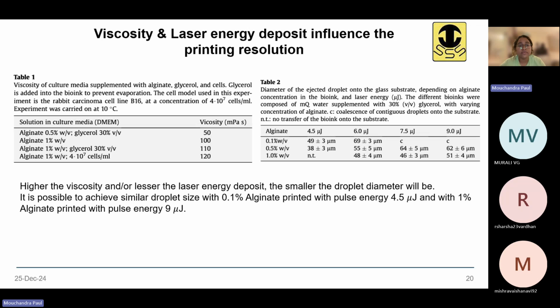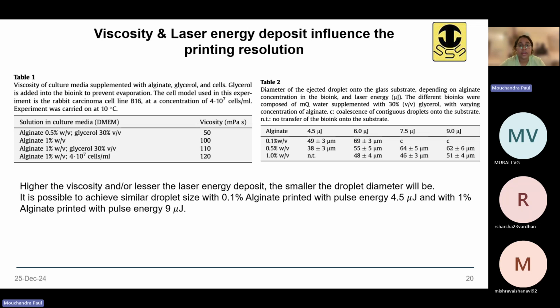And when you have a mixture containing DMEM, 1% alginate, and 40 million cells, the addition of cells itself also increases the viscosity. So viscosity here is modulated by changing the alginate concentration, by adding glycerol, and in the absence or presence of cells. Viscosity is not constant here, basically.